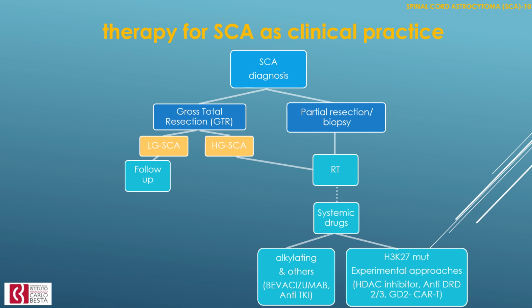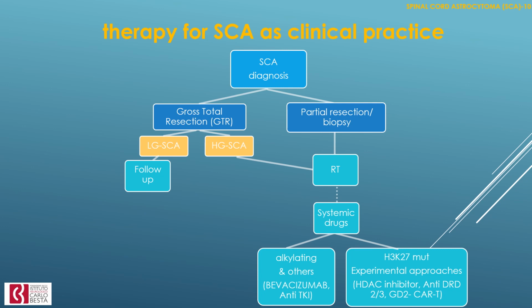This is the flowchart that we usually follow in our institute. After a suspected diagnosis of spinal astrocytoma by MRI, we do a surgery as large as we can. If there is a gross total resection and histology is low grade, the patient undergoes regular follow-up. If the histology is grade 4, or if the patient got partial resection or biopsy, usually there is adjuvant radiotherapy.